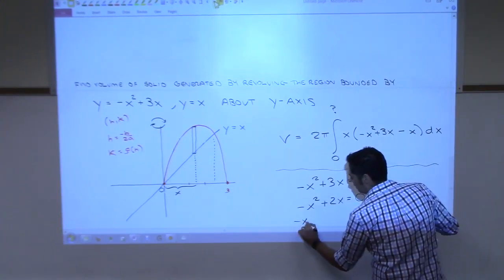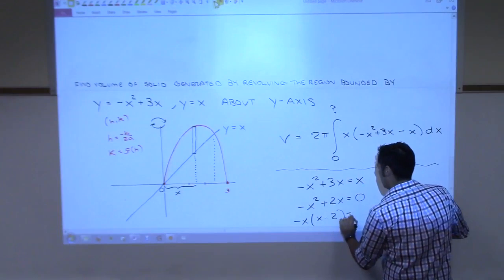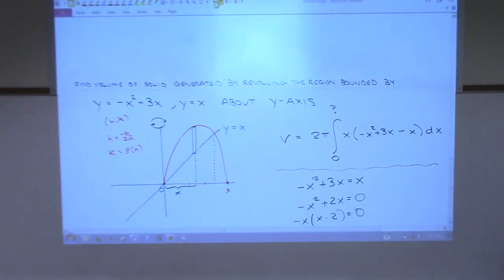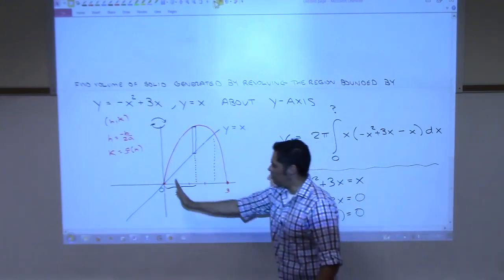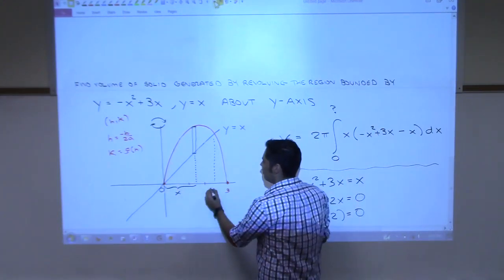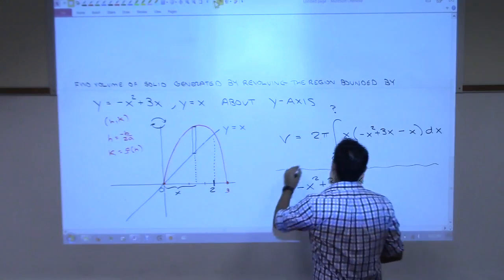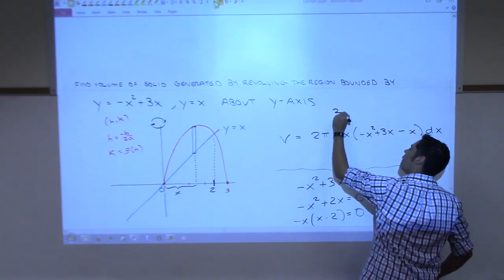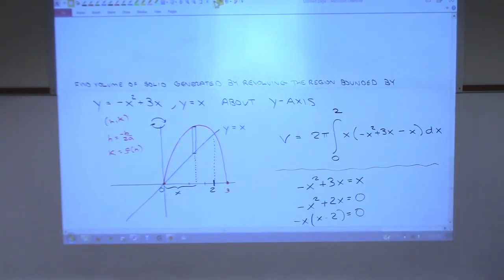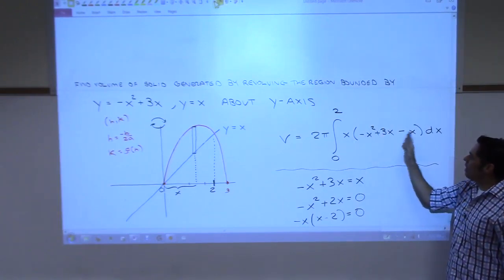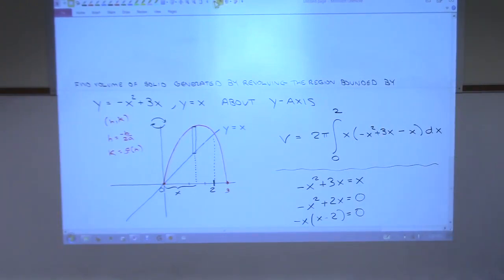Factor a negative x out. So 0 and 2. They start here, and they hit here at 2. So that means my top is 2. And then you'd finish it up. You'd distribute the x through, you'd integrate, and be happy.